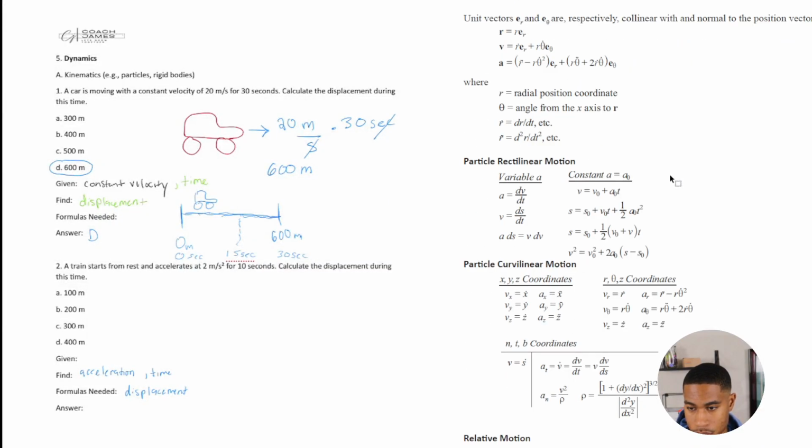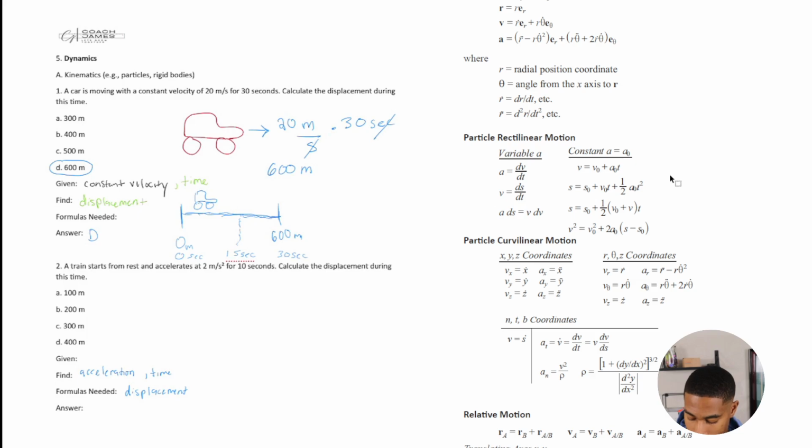So if I know that my train starts from rest, I know that my V0, or my initial velocity, is equal to 0, right?